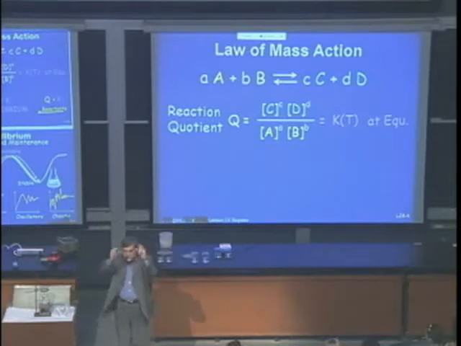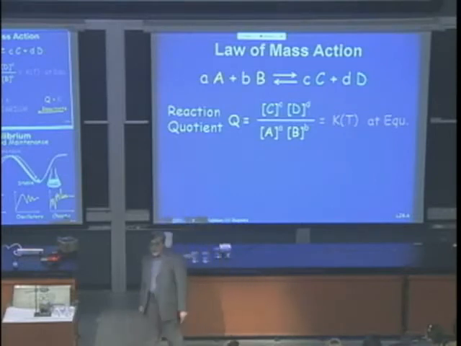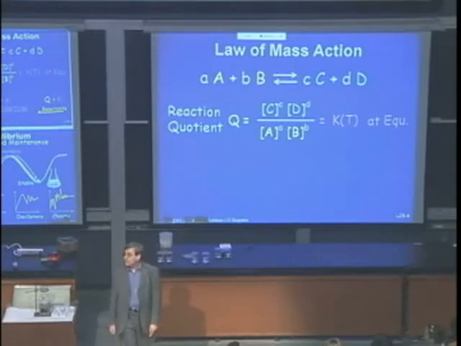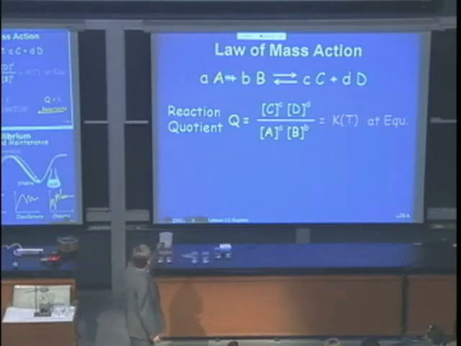We have the concentrations of all the 4 reactants, and we put them in, and if it doesn't get to K, then it's not in equilibrium. All right? And you can look up equilibrium constants in tables for all kinds of reactions. They have been measured. And so now I have these products and these reactants, and I know what will happen if this goes to here, or this goes to here, till it reaches that number.